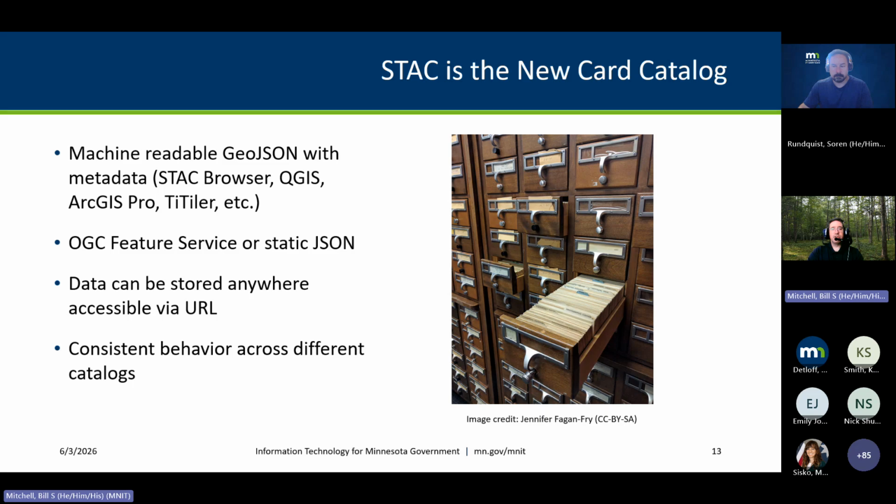The data can be stored anywhere you like, as long as it's accessible via a URL. So you can have things in your catalog that might be accessible from a third-party site.